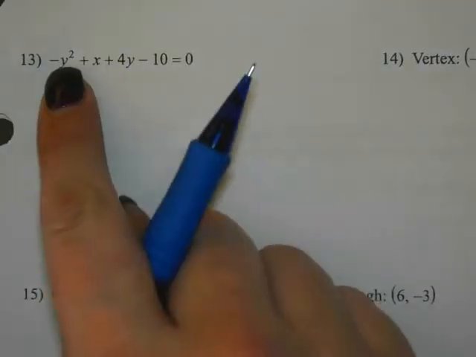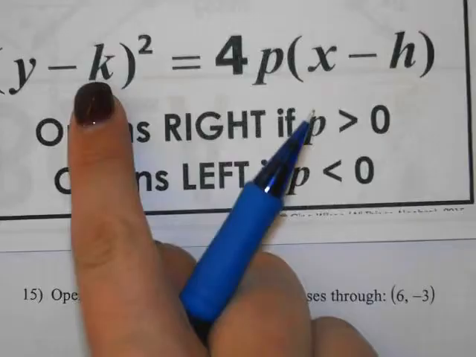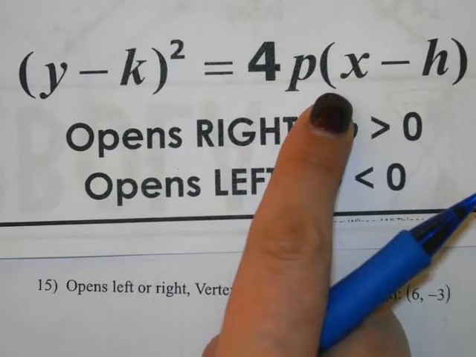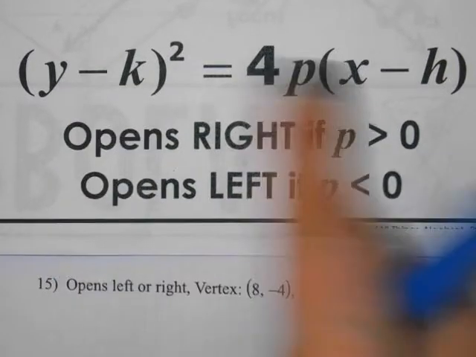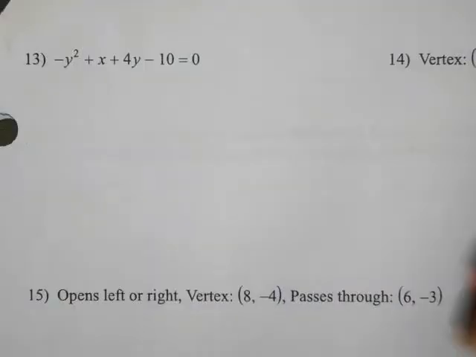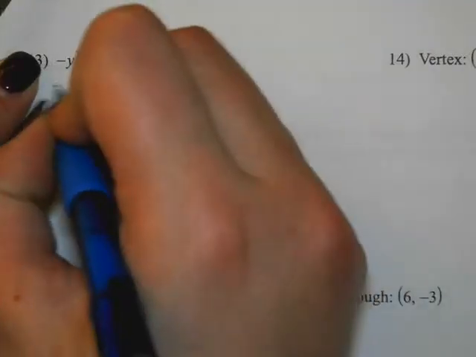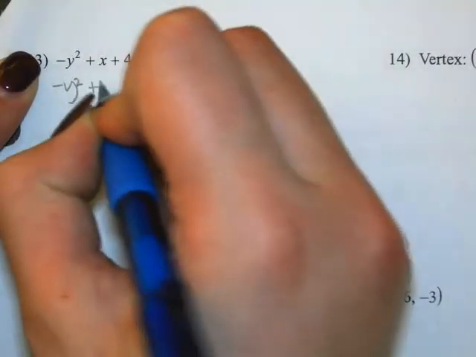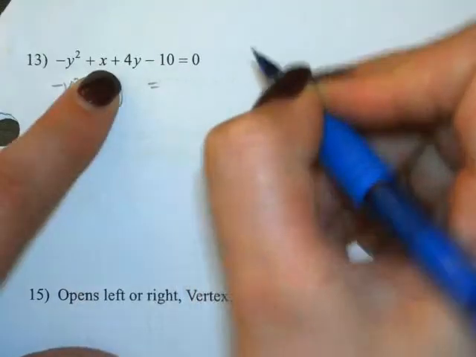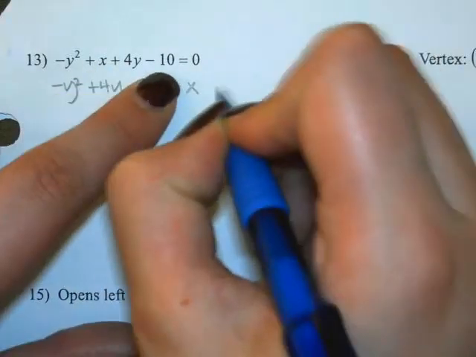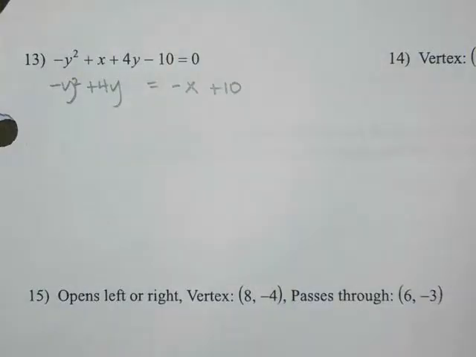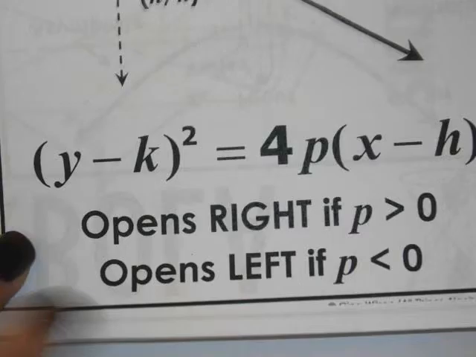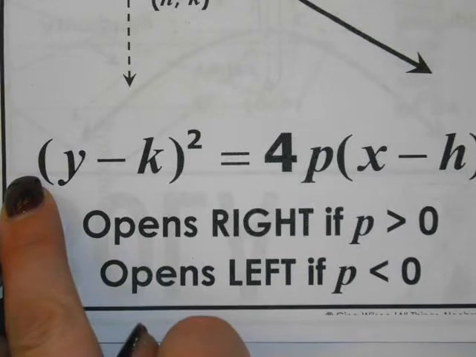I can see that there's a y squared in the equation, so I know I'm making it look like this, right? So I want to keep the y's on the left side. I want to move everything else to the right side. So I'm going to leave negative y squared. I'm going to leave positive 4y. I'm going to move the x. I'm going to move the 10. All right, now if you look at your packet, should we have a negative over here?